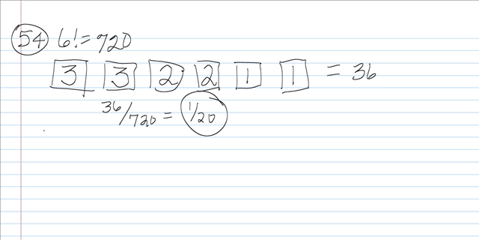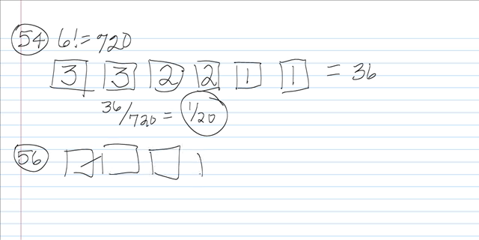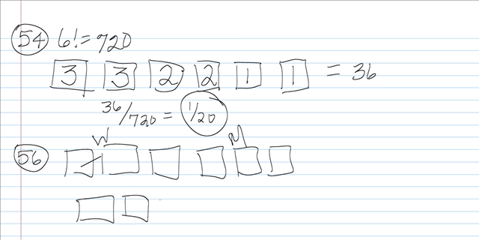And let's try 56. We'll do one more of these. Okay, again, 6 factorial is 720. The women will sit in 3 adjacent seats, as will the men. Okay, so in this case, we can have the women and then the men, or we can have the men and then the women. There are only 2 possibilities for that.